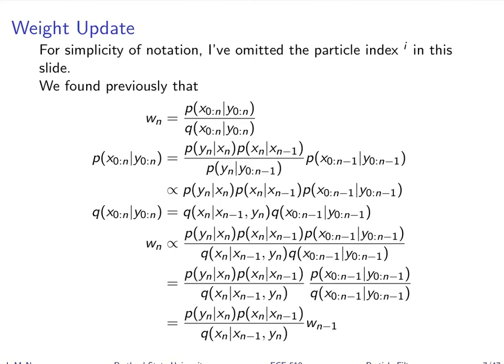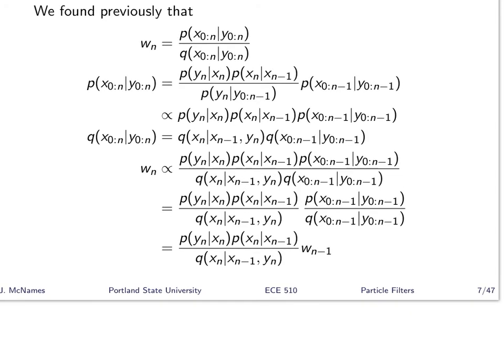So math, and you'll be glad to know I dropped all the i superscripts on this slide only because it just simplifies the notation a little bit, and I don't think anything is lost in doing it. So although we're really talking about the ith weight for the ith particle, for the purpose of this math, it works even without that i, so I dropped it.